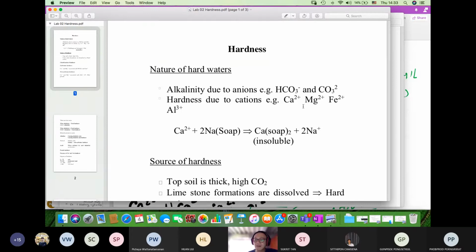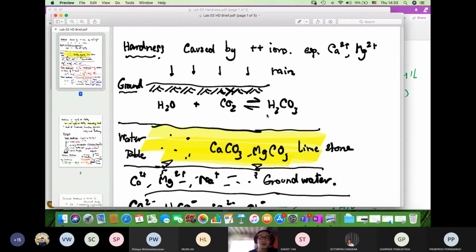For example, calcium and magnesium: hardness in nature is mostly caused by these two positively charged ions. Others may cause hardness, but not in a significant amount. So hardness in natural water is mainly caused by calcium and magnesium. So how do the calcium and magnesium get into the water?